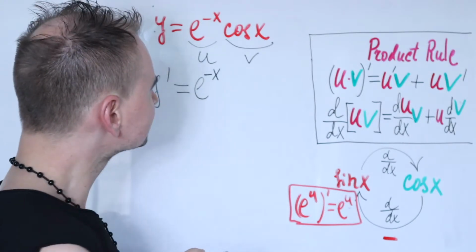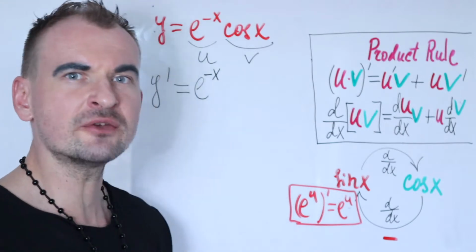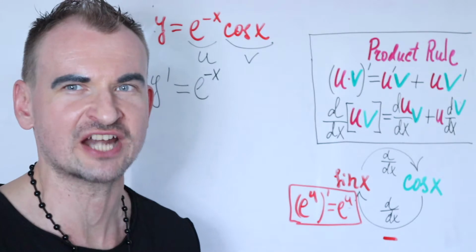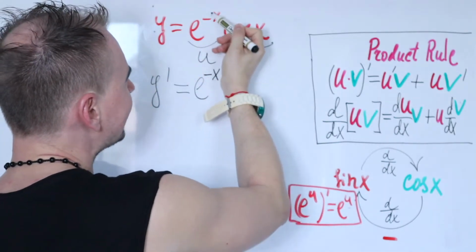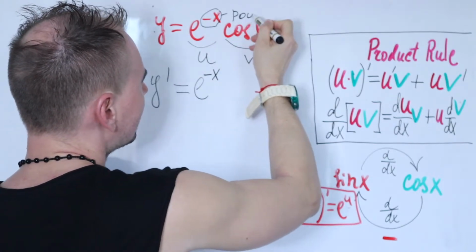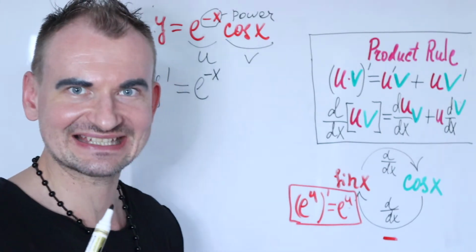And if you look at this function carefully, you would notice that it's actually a composite function. It's a composition of two functions. You have e and you have this power, which is basically not just x, it's negative x.